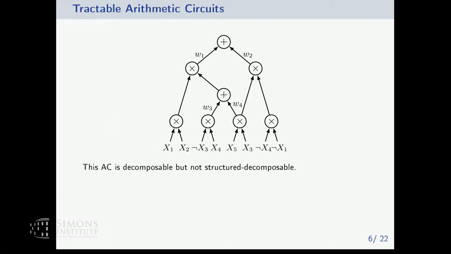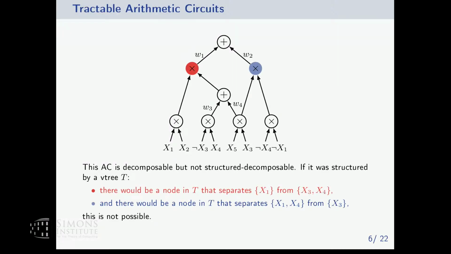Just one slide to say that some arithmetic circuits are decomposable, but they are not structured decomposable. Sometimes you just can't find a V-tree. I mean, for every function you can always find an arithmetic circuit which is structured decomposable, but you can also find some that are decomposable but not structured by any V-tree.